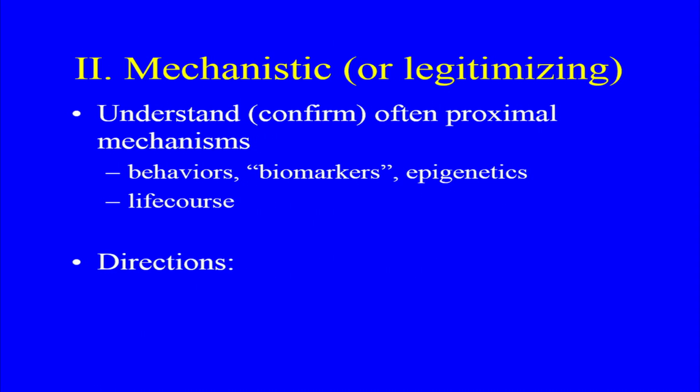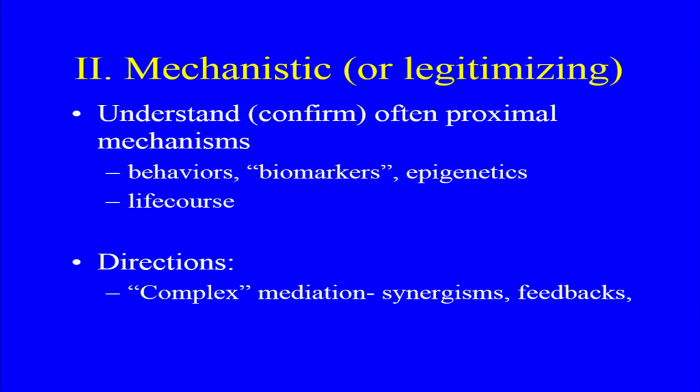What are some directions? This relates to something I said when we talked about etiology: we've been looking at these so-called biological mediators one by one, is it this, is it that? And sometimes the results are not that compelling and have a lot of methodological problems. But I think we should think about more complex mediation, this idea that some of the patterns we see are due to multiple mechanisms operating simultaneously.